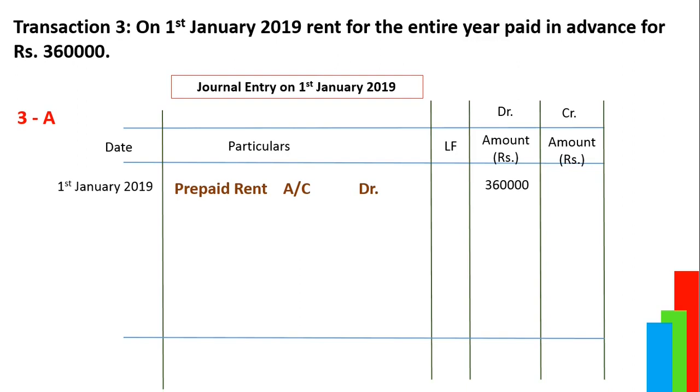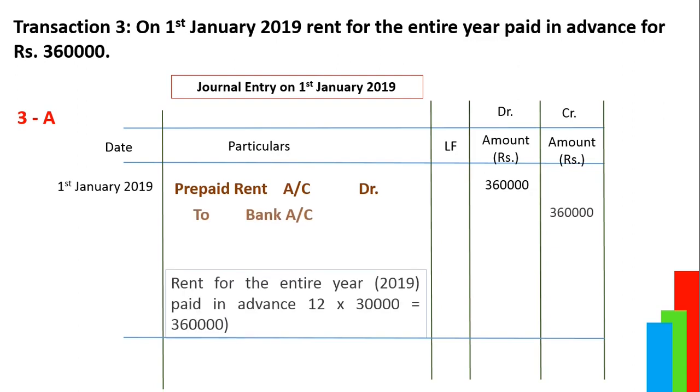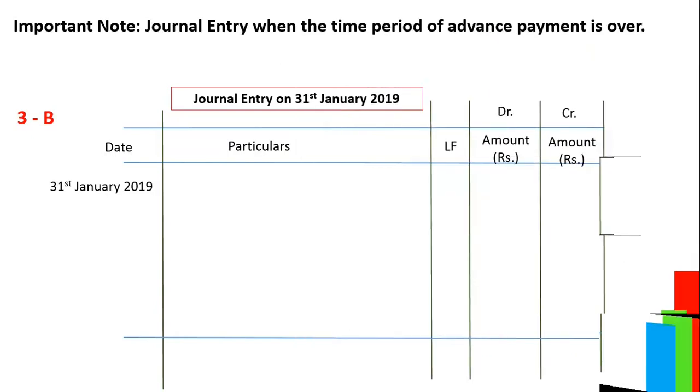Bank account is credited because payment of money decreases the bank balance, which is an asset, and any decrease in asset is credited in the books of accounts. A point that one must keep in mind is that when the time period is over, the asset becomes an expense, or the asset transforms into an expense.